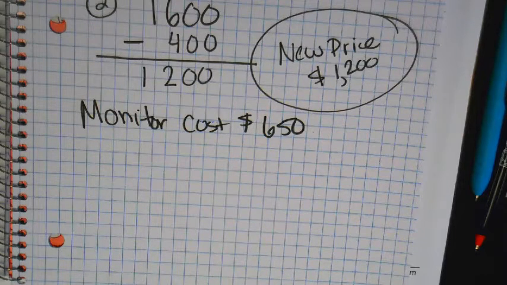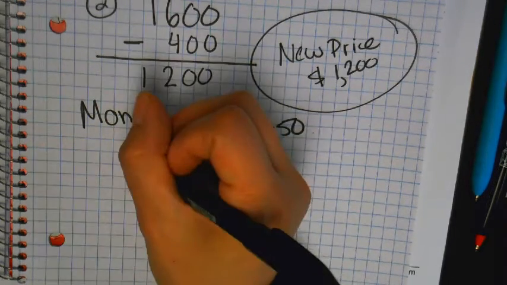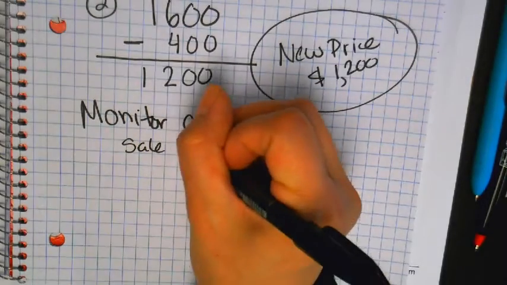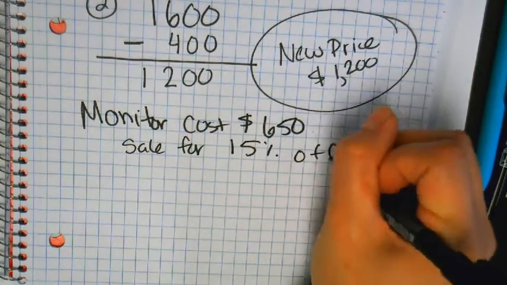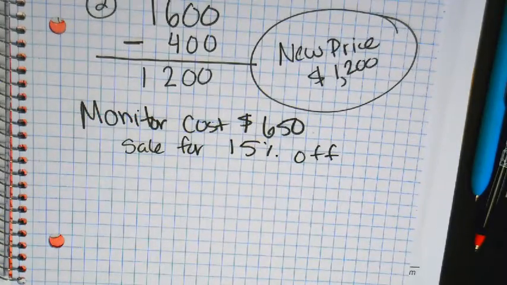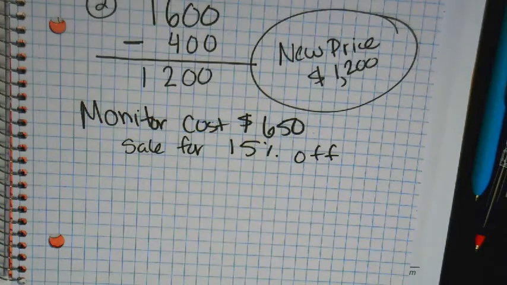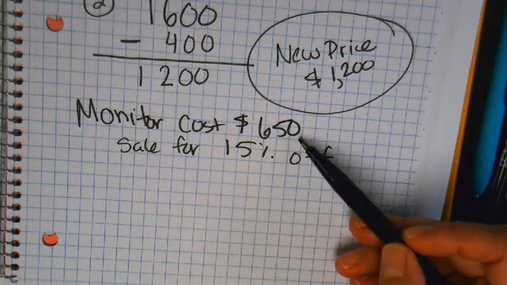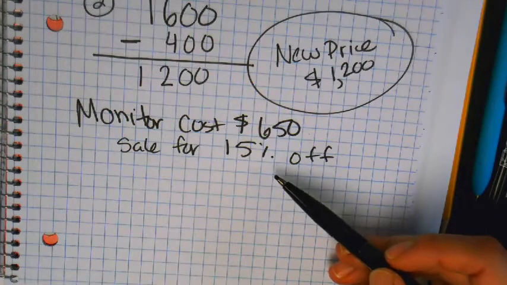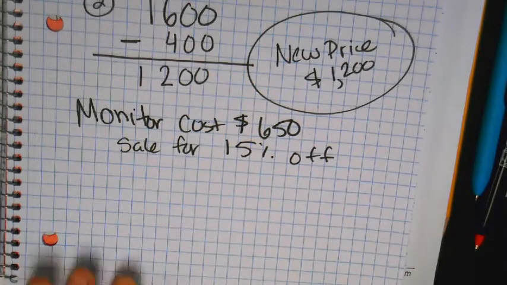Okay, so it is on sale for 15% off. So we're already saving $150. We're gonna save even more. So $650, and it's 15% off, right? I have an additional coupon. So what's our first step, Emmanuel?